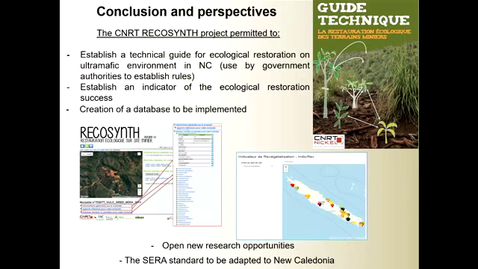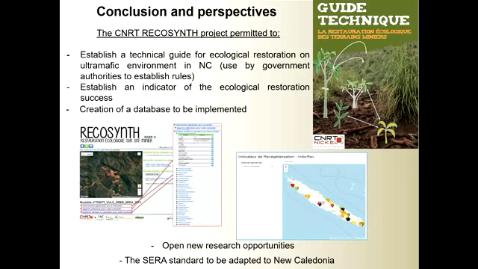So to conclude, this project has permitted to establish a technical guide for ecological restoration in ultramafic environments in New Caledonia, and also to establish an indicator of ecological restoration success. At the same time, the developed database will permit to collect all precise information of future restoration projects and their survey, and will certainly be used in several years to optimize more and more the ecological restoration.